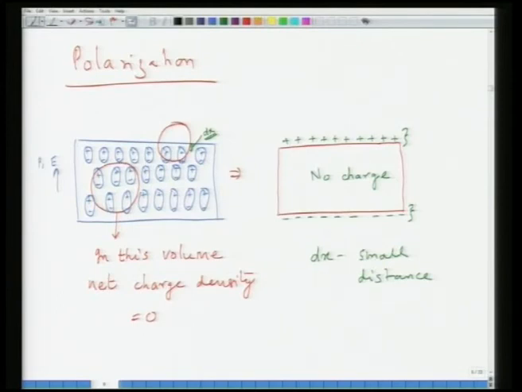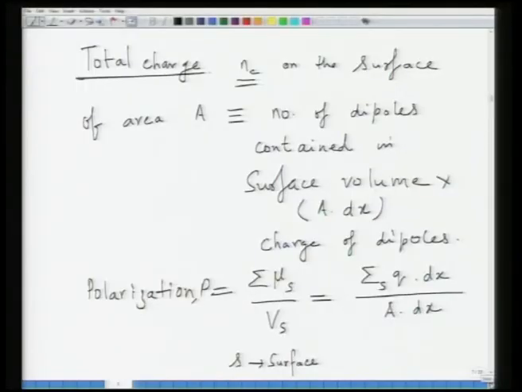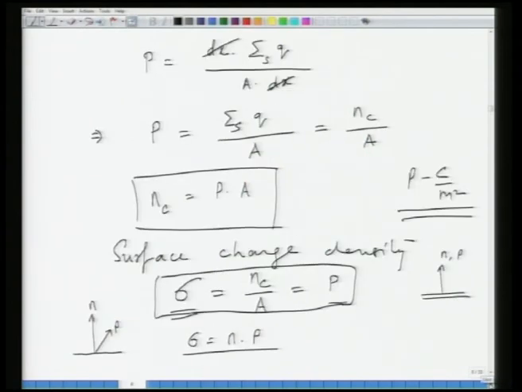However, when you probe at the surface, you find that the surface has a particular type of charge in excess, and this excess charge gives rise to a build-up of charges on the surface. Because of the application of electric field and the creation of dipole moment, these charges are shifted by a small distance, let us say dx. From this we worked out the concept of polarization, which is nothing but your surface charge density, as we found out later on. So, this sigma, surface charge density, is nothing but your polarization.